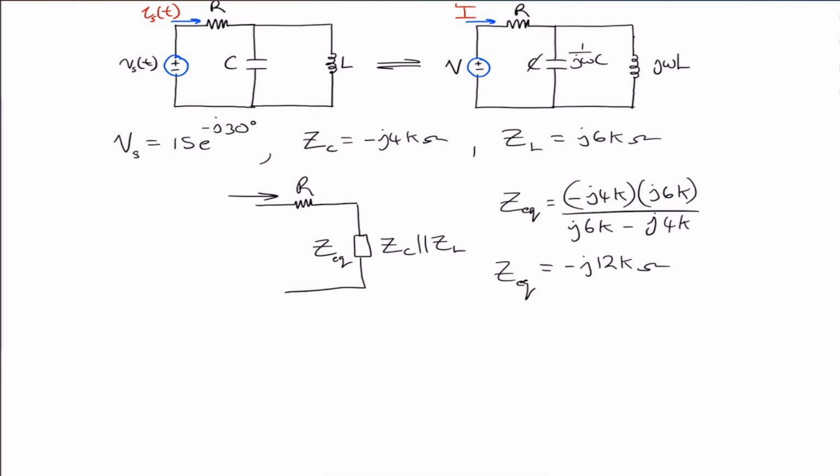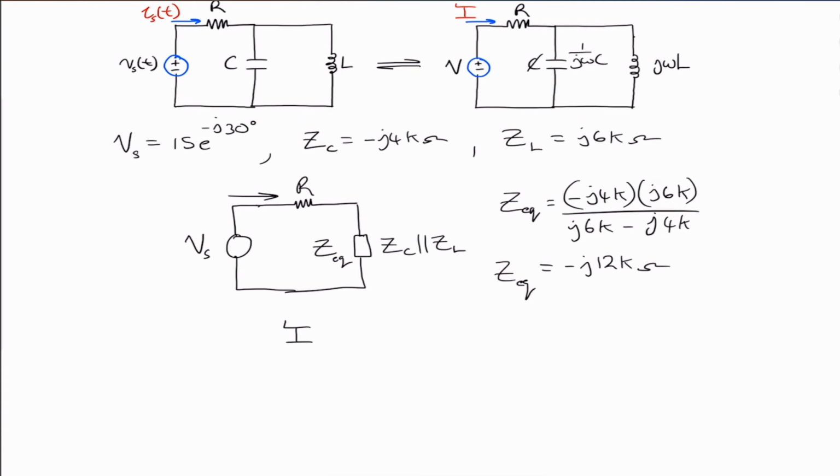So having that, we can just apply Ohm's law and divide our voltage. So here we have our voltage source, so that's Vs. We can divide the total voltage by the total impedance in the circuit to get the current Is.